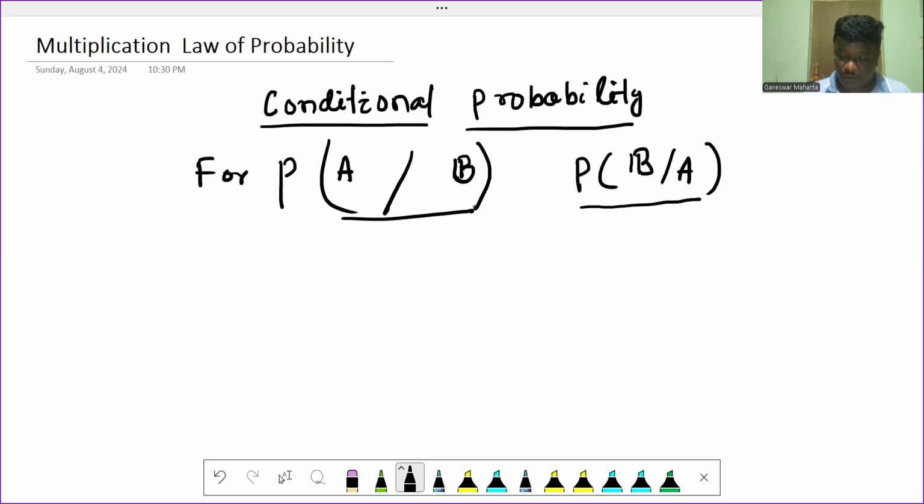First of all, the probability P(B/A) denotes the probability of occurrence of B when A has already occurred.